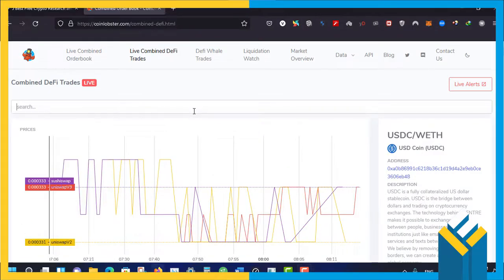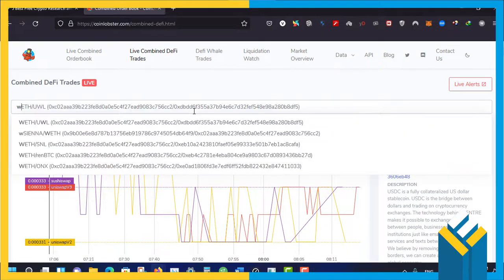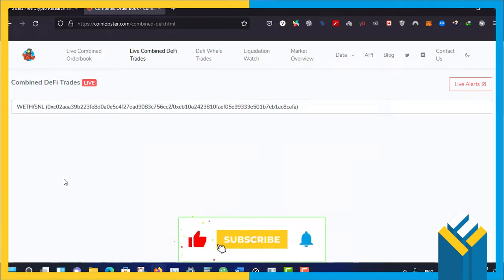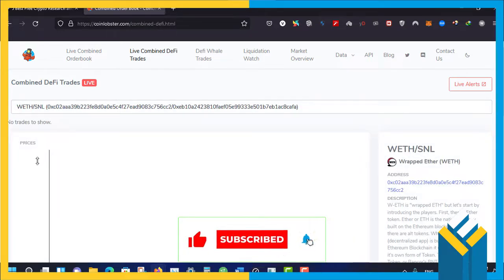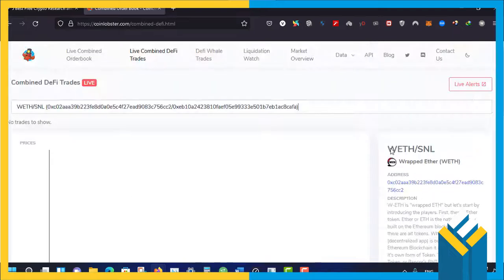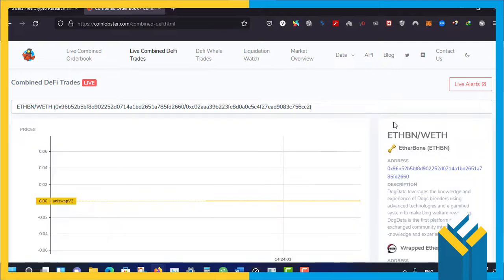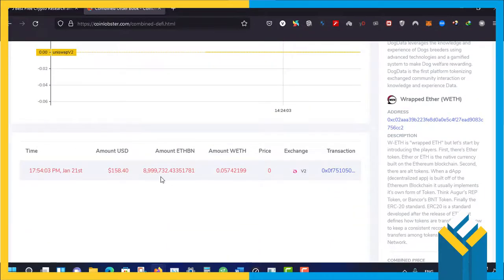Here is the search bar for the tokens you want to compare or study. For example, you select this one, it's the contract address, and you can wait for the data of each transaction or each pair we want to study, like this. For example, it has just one transaction registered in this website.